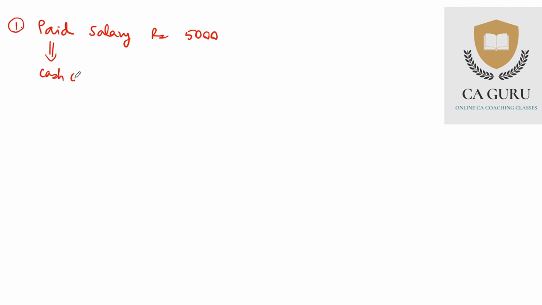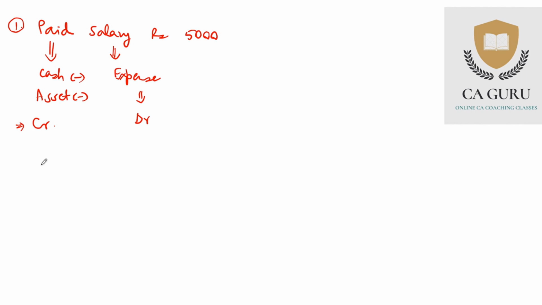So cash is going to come down, and cash is an asset. Asset balance comes down. Therefore, you will credit the asset. On the other side, salary is an expense, which is going to have a debit, because all expenses have to be debited.